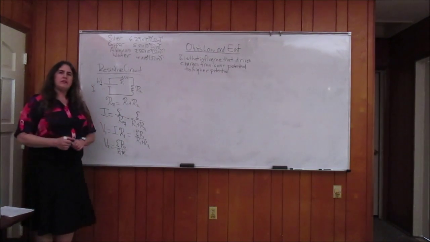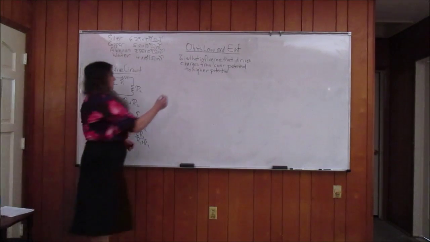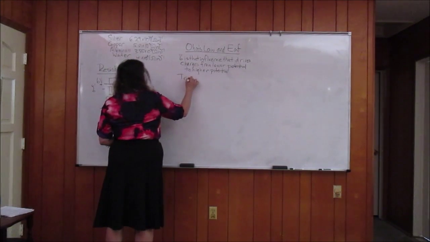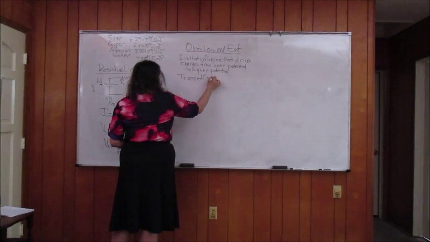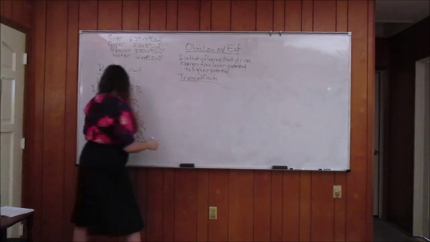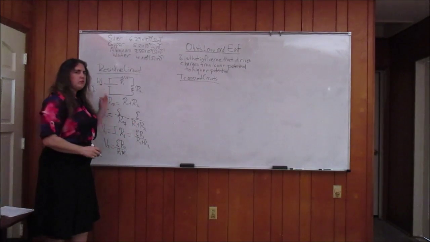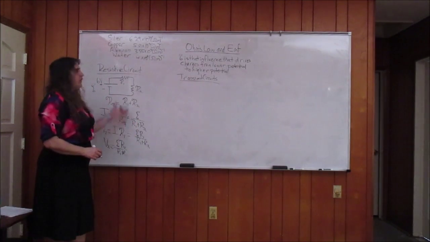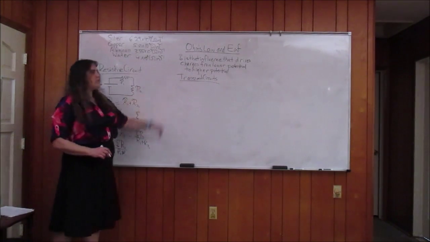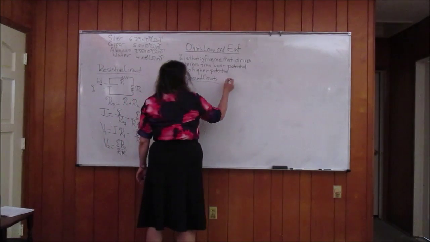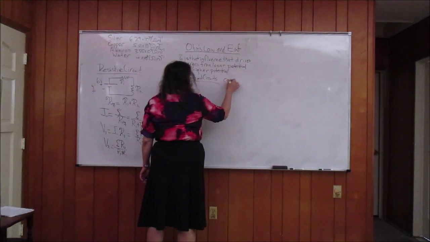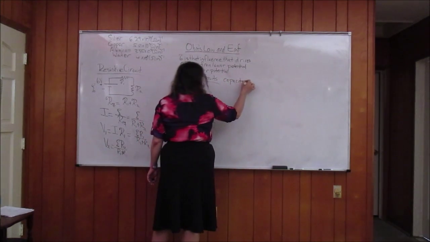We also looked at transient circuits. As long as your battery is providing 6 volts, 12 volts, or whatever, you're going to have current flowing. Transient circuits, not so. Transient circuits contain such components as capacitors and or inductors.